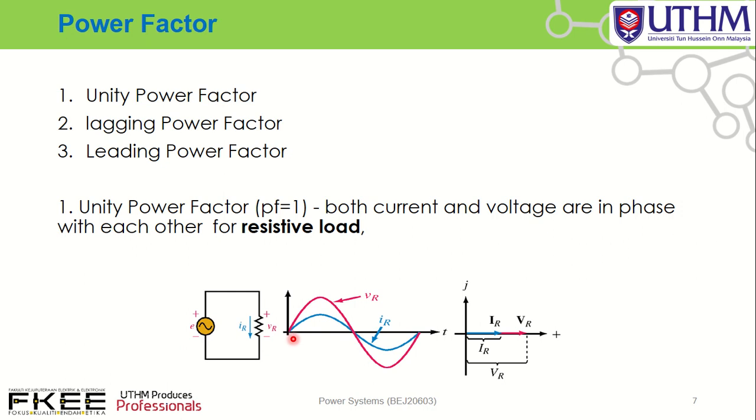This is the waveform of the voltage supply, or voltage across R. This is the current through the R, which is in phase with the voltage. So when we draw the phasor diagram, we find that voltage and current are in phase. It means that our system is unity power factor, or power factor equal to 1.